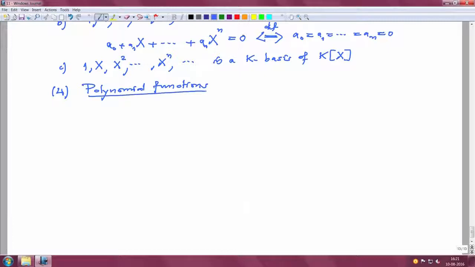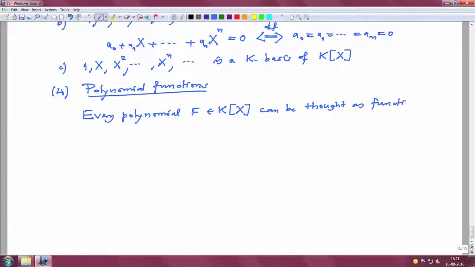Note that every polynomial f with coefficients in the field K, you can think of as a function from K to K, and that I also keep denoting by f only. But one has to be a little careful when writing.